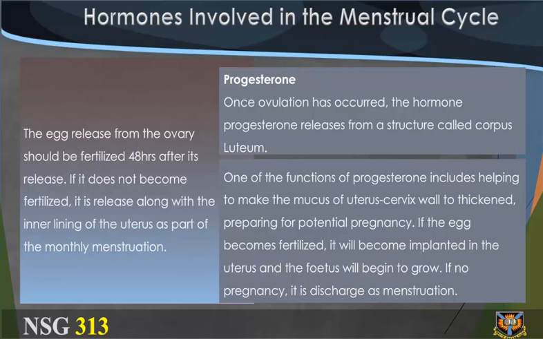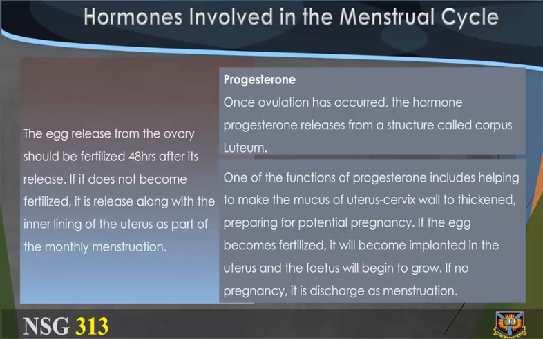The egg released from the ovary should be fertilized within 48 hours after its release. If it does not become fertilized, it is released along the inner lining of the uterus as part of the monthly menstruation. Progesterone. Once ovulation has occurred, the hormone progesterone is released from a structure called the corpus luteum.